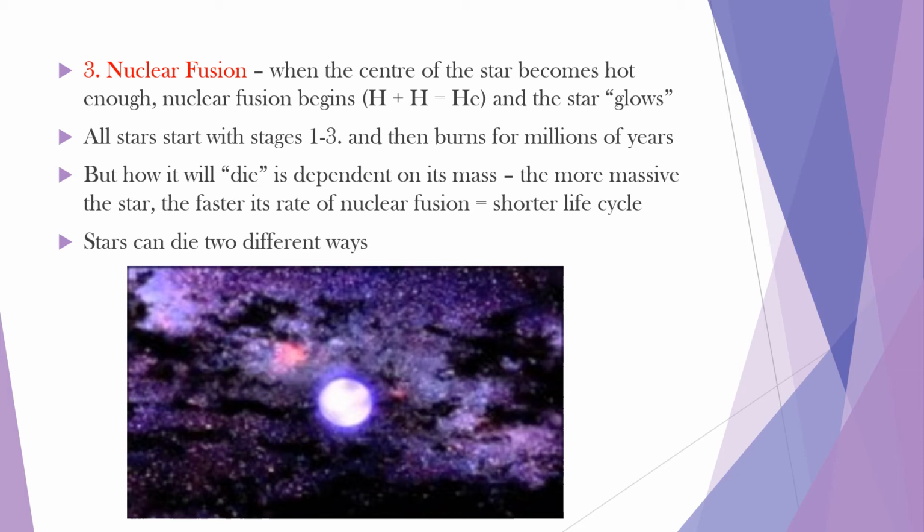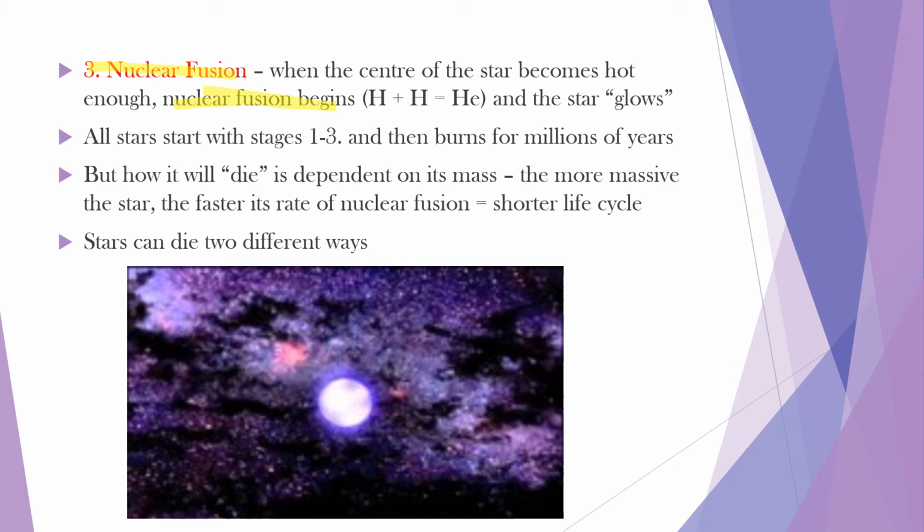So nuclear fusion is when the center of the star becomes hot enough that nuclear fusion begins and the star glows. Okay, so once enough of that material has been pulled in on itself and that gravity starts to take over, pulling even more material in, okay, we go from a nebula to a protostar, and then once that star becomes dense enough, nuclear fusion starts to occur.